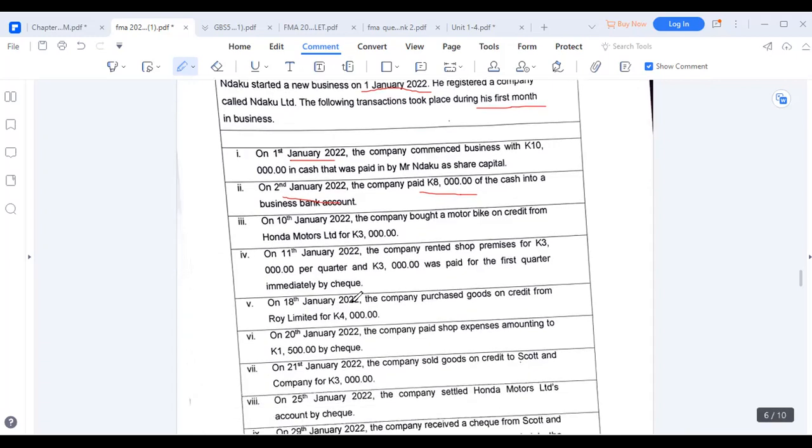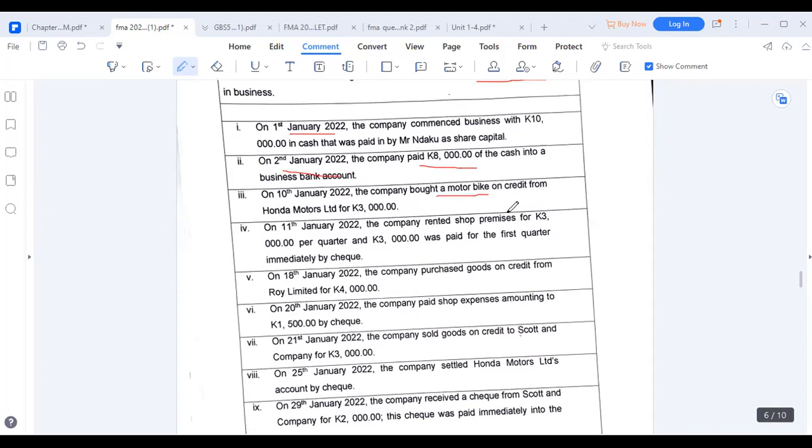On 10th January 2022, the company bought a motorbike on credit from Honda Motors Limited for 3,000 kwacha. And on 11th January 2022, the company rented shop premises for 3,000, paid immediately by check.